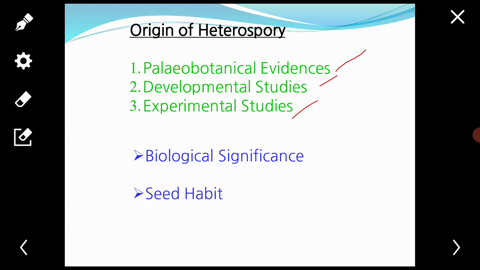First, paleobotanical evidences or studies. It has been suggested that heterospory arose due to degeneration of some spores in a few sporangia, as more nutrition becomes available to a smaller number of spores.